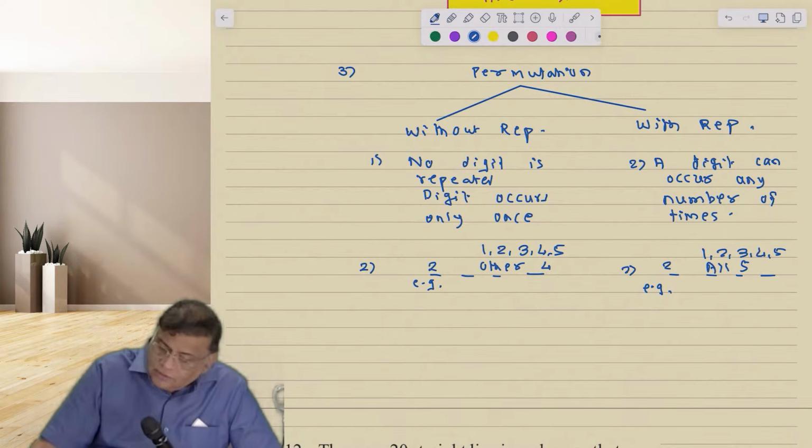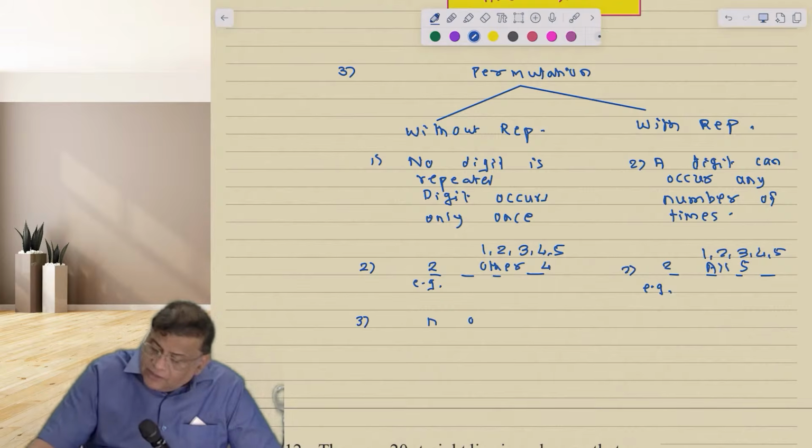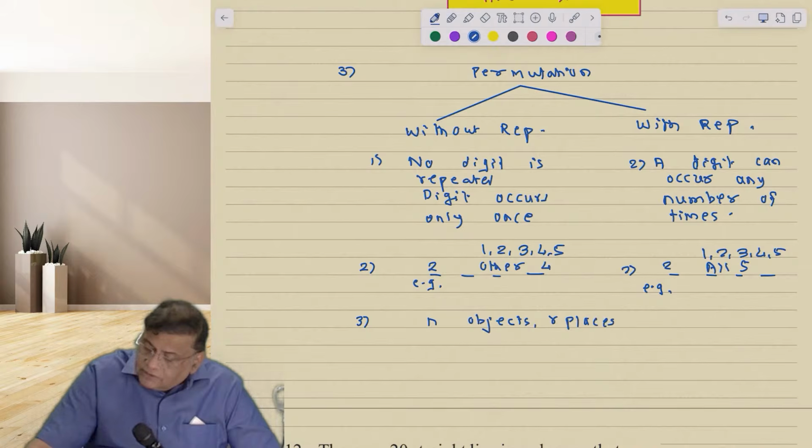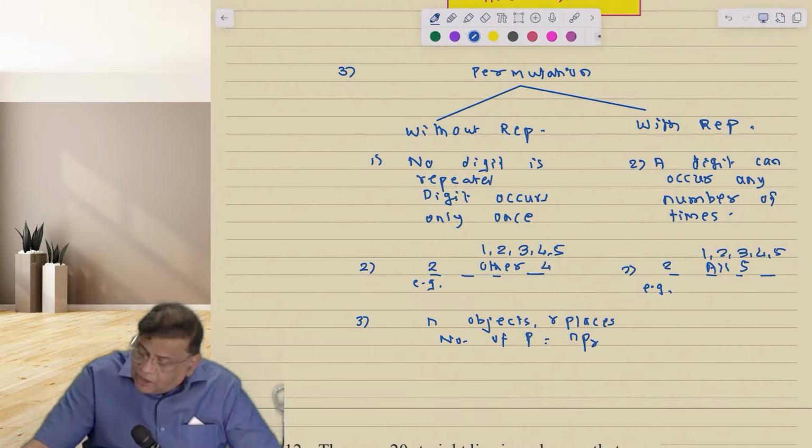Now, in without repetition, if there are n objects and r places, then the number of permutations is equal to nPr.